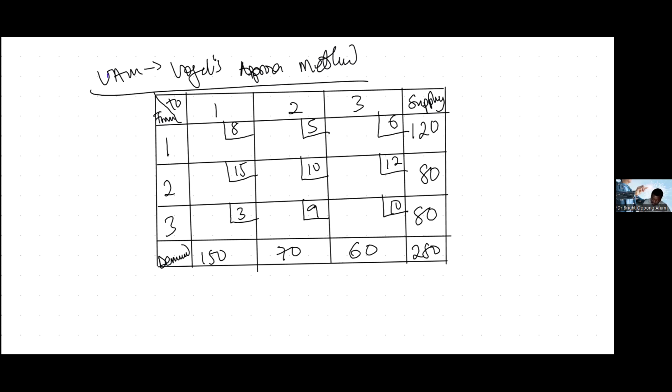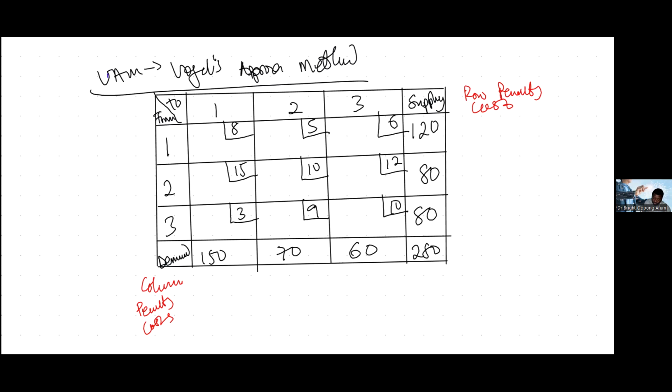A penalty of not allocating. So this is what we do for the column. We have the column penalty costs here, and we have the row penalty cost here.